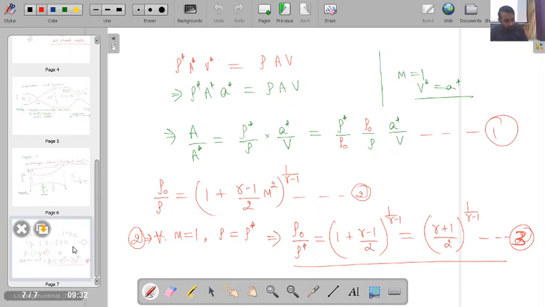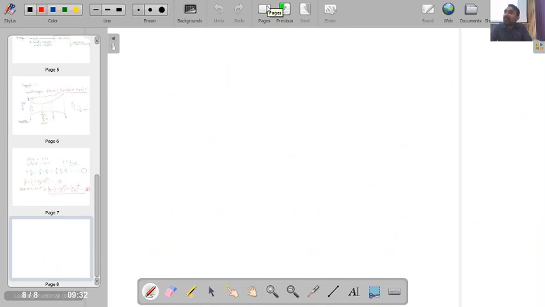Okay, so if you see from our earlier discussion, while we particularly talked about the normal shock waves, I have defined one Mach number M star. Okay, and M star was nothing but V by a star. So the ratio of V by a star was M star. Now if I consider V by a star square, then it will become M star square.